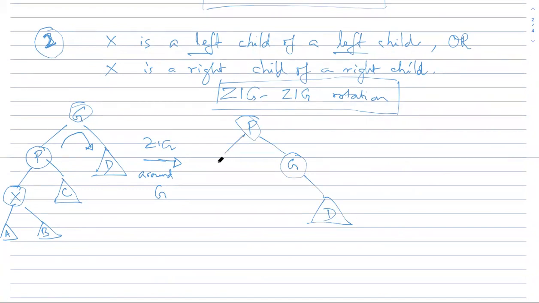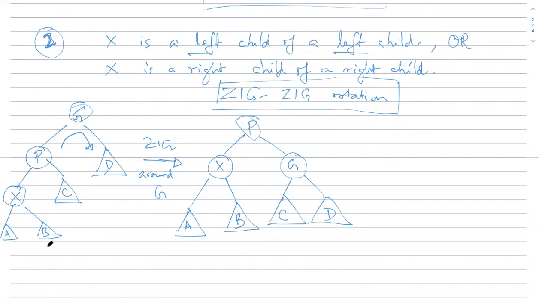The left child of P was X, that stays intact. The left subtree of X was A, that stays intact. The right subtree of X also likewise stays intact, and then the right subtree of P becomes the left subtree of G. So therefore C comes here.